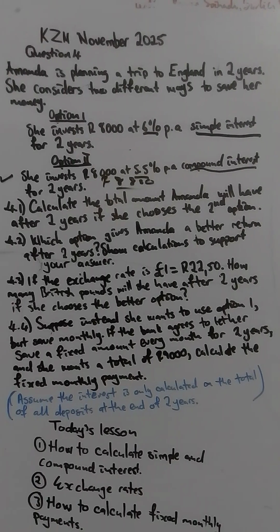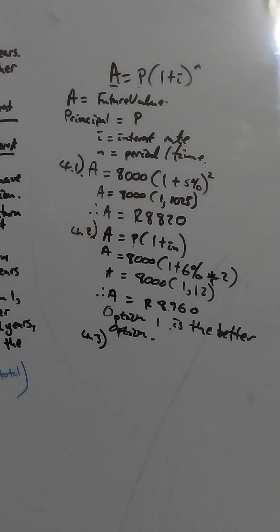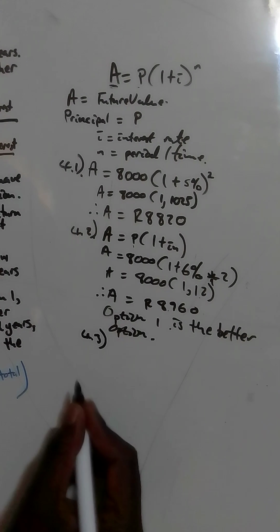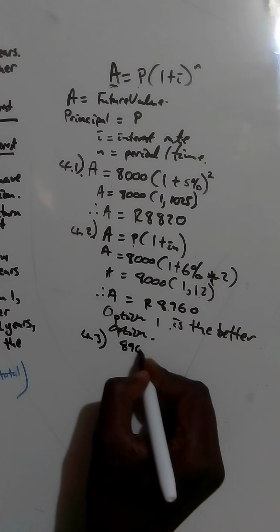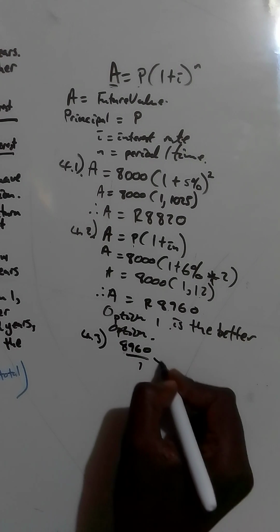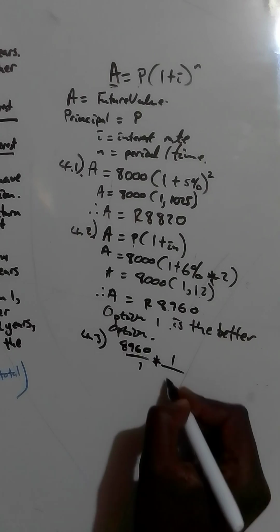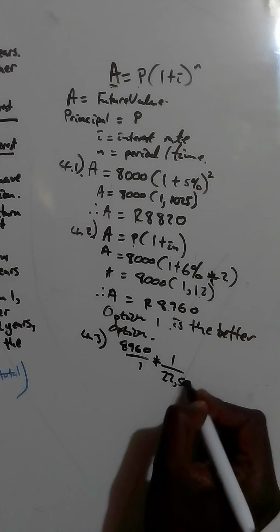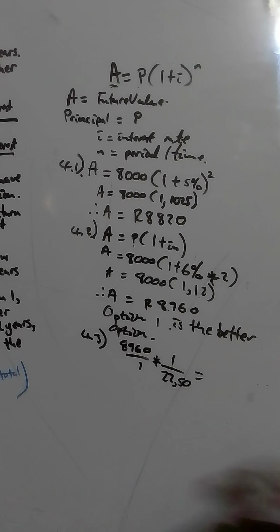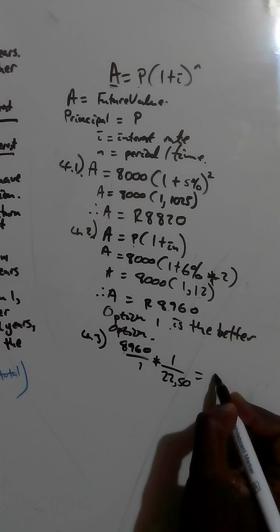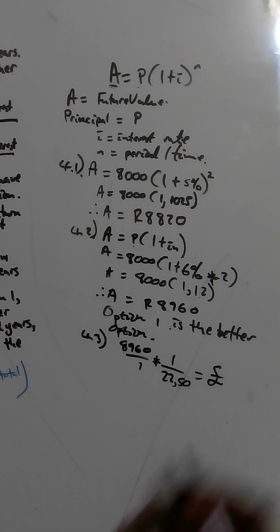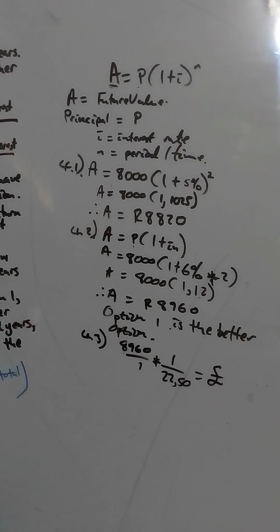So let's go to the side and calculate. So now we said that we have got 8,960 over 1 multiplied by 1 over 22 rand 50, which is equal to, and remember our answer is not in rands, it's in British pounds. So I go to the calculator, already I've got 8,960.